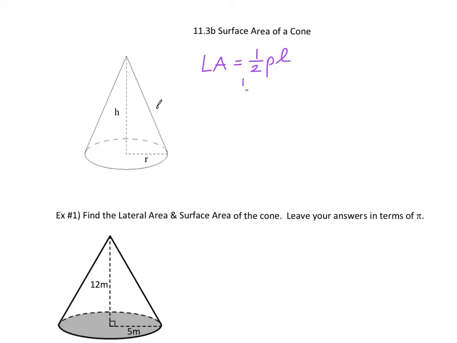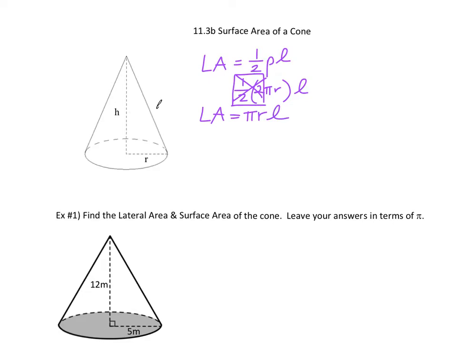This is 1/2 times pi d, or we're going to actually write it as 2 pi r for our perimeter, and then our slant height. And here's why I use 2 pi r. 1/2 and 2, when we multiply them together, that's 1. So we can actually write the lateral area for a cone as pi r L.